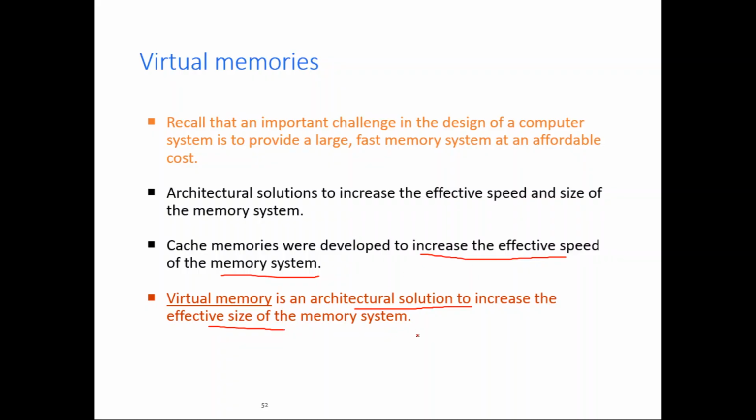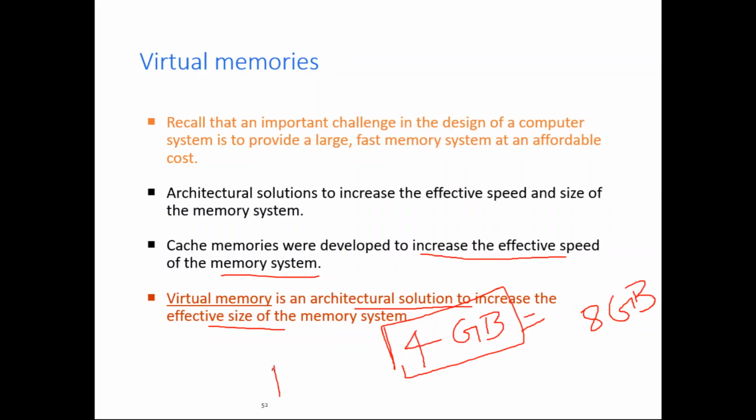Say for example, your main memory is 4 GB only, but you want to load a program which is of 8 GB. It is possible with virtual memory, but if there is no concept of virtual memory, then that is not possible, right? So how does it work? Now you have only 4 GB of actual physical memory, that is main memory, but the processor wants to load a program which is of 8 GB size.